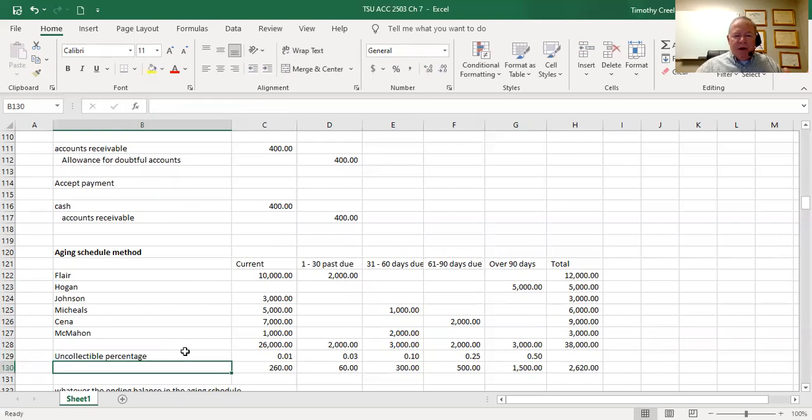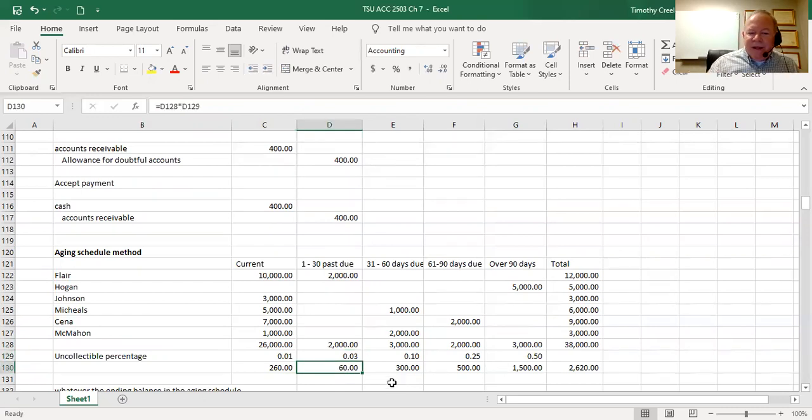This amount right here would be our uncollectible percentage. So notice that of the current amounts that are due to us, only 1% is deemed to be uncollectible. So 1% of 26,000 would be $260. Of the 1 to 30 days past due, $2,000. Notice that 3% of this is deemed to be uncollectible, and that would be a total of $60.